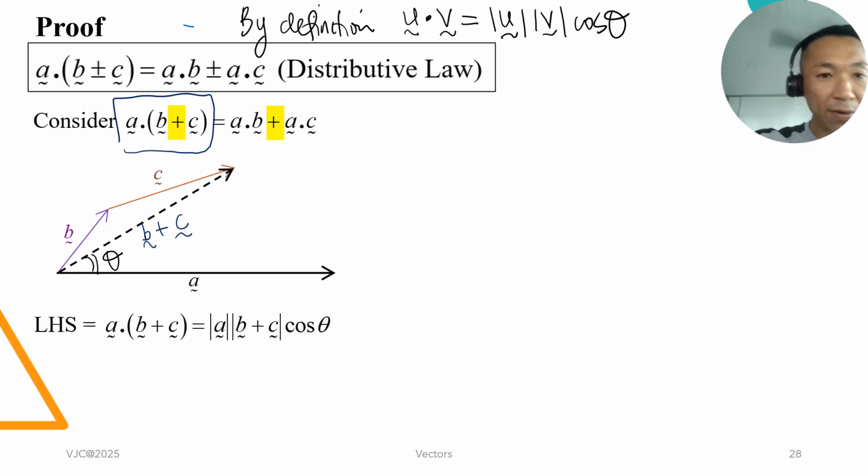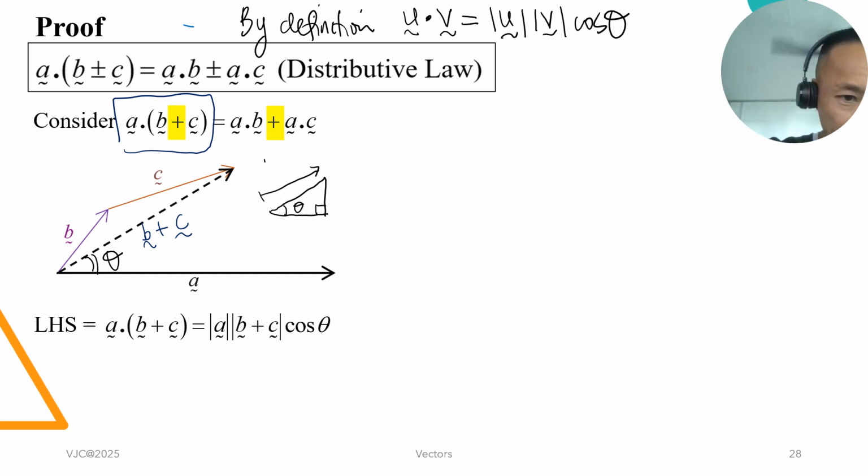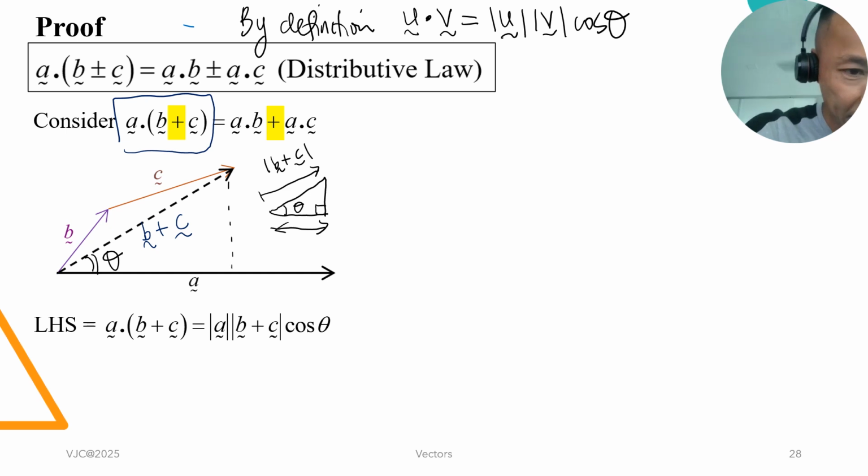If I consider a right angled triangle like that, and this is theta, and this length is mod B plus C, then mod B plus C cosine theta is actually this length, which is actually this length, which is actually this length. Correct?